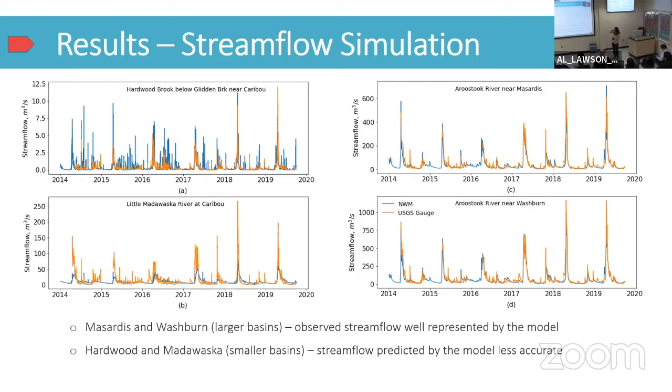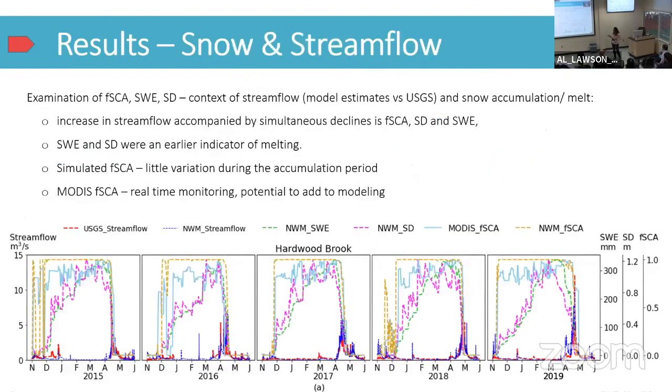The yellow or the orange is the observation USGS gauges, and the blue is the model simulation. So at Hardwood Brook, it was over predicting, and at Madawaska, it was under predicting. But for the bigger basins such as Masardis and Washburn, the model was doing pretty well. I didn't show the statistical numbers, but just a snapshot, and I have it if you want to see it.